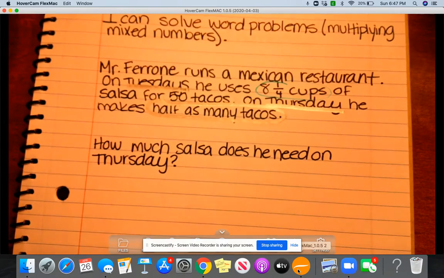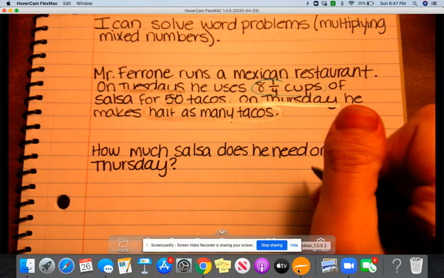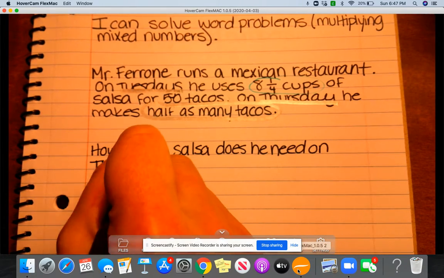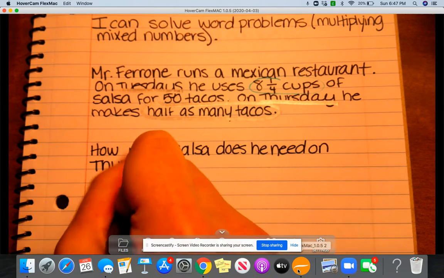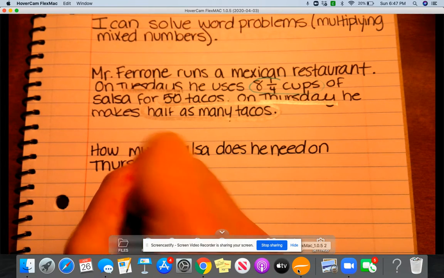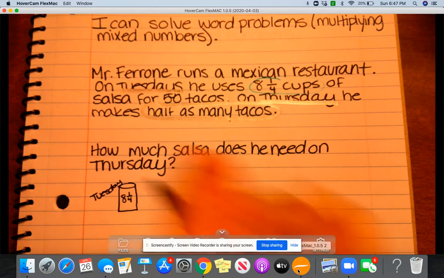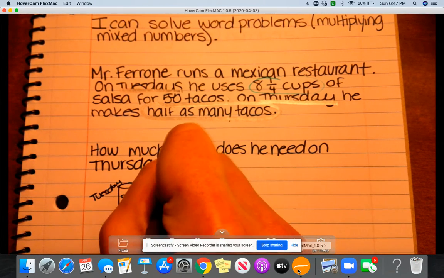Well, let's draw this as a picture. So we know that here's my salsa jar. He needs 8 1/4, and this is for Tuesday. And that equals 50 tacos.